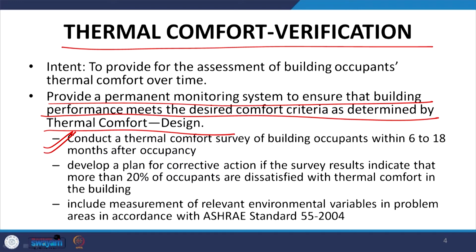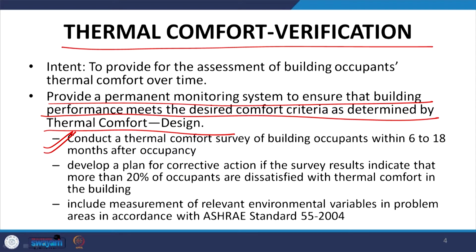As soon as the building has been put up for use, is occupied and is up and running, the building occupants will be surveyed for thermal comfort. From the survey, the results will indicate whether thermal comfort is being achieved or not, whether what was intended through the design has been implemented on the ground.